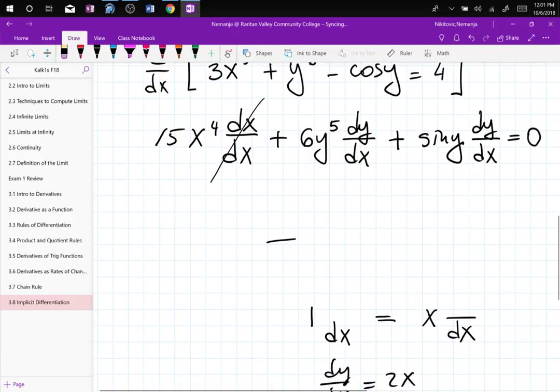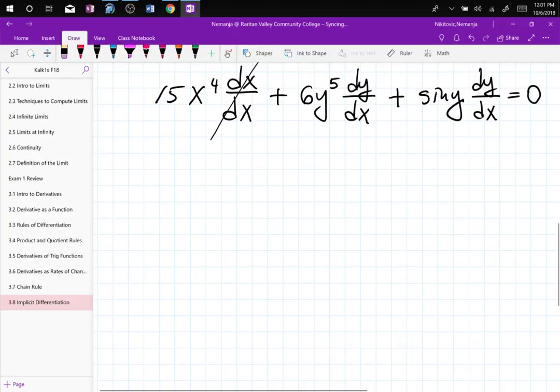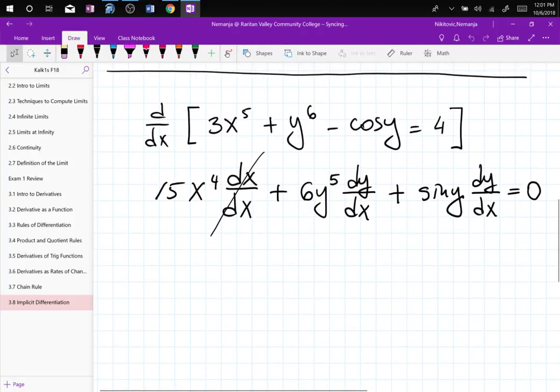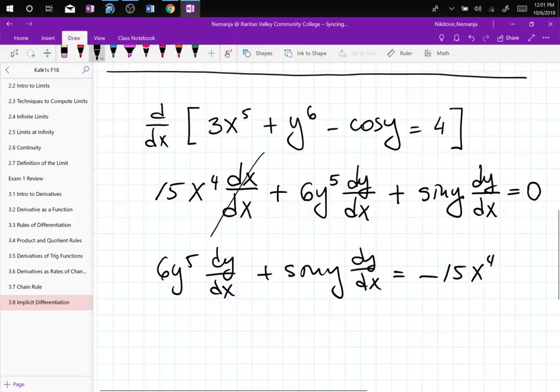We are going to disconnect ourselves from x and y in that sense. And we're going to completely make a new thing. We'll see. So now what do I have? I have this 6y to the 5 dy dx plus sine y dy dx is equal to negative 15x to the 4. dy dx, and I'm factoring now.